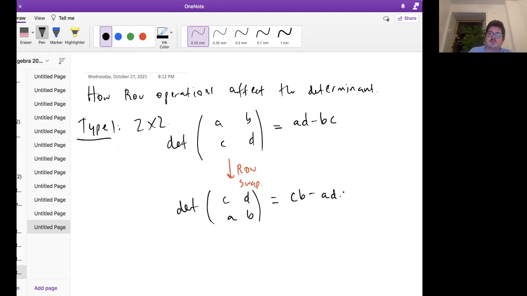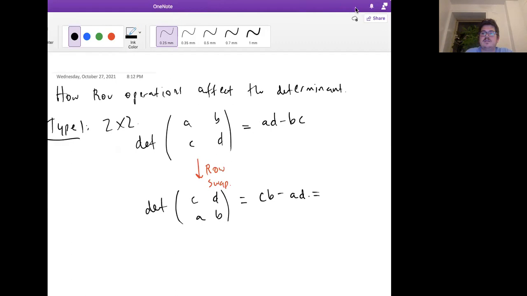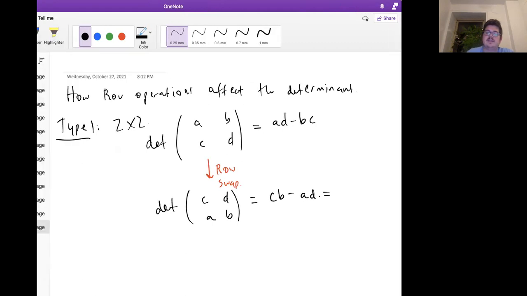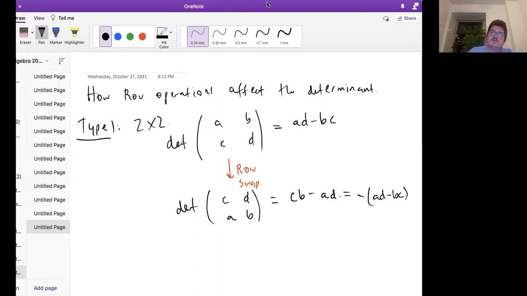What's another way of saying that? Negative, yeah. One is the negative of the other. Row swapping for 2 by 2s, we'll do the same thing for 3 by 3s. Row swapping negates the determinant.